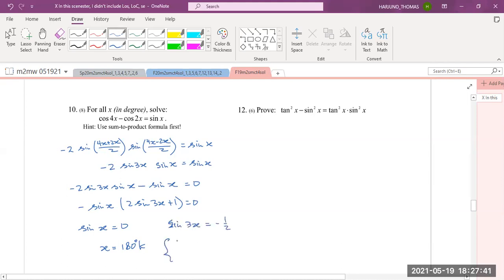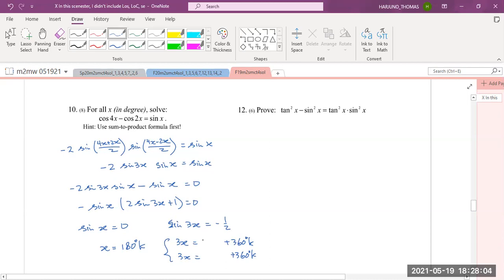But that means 3x is in quadrant 3 or quadrant 4, where the reference angle is 30 degrees.